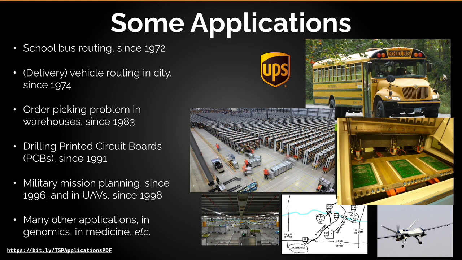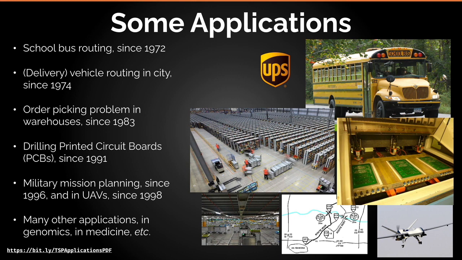So, for instance, TSP is used to create school busing routes. It's used to plan vehicle routing in cities. So when you order an Amazon package, you're sending packages throughout cities and suburban spaces, and to make sure that the gas mileage of all of these vehicles is as low as possible so that Amazon can make as big of a profit, they use huge instances of the TSP problem.